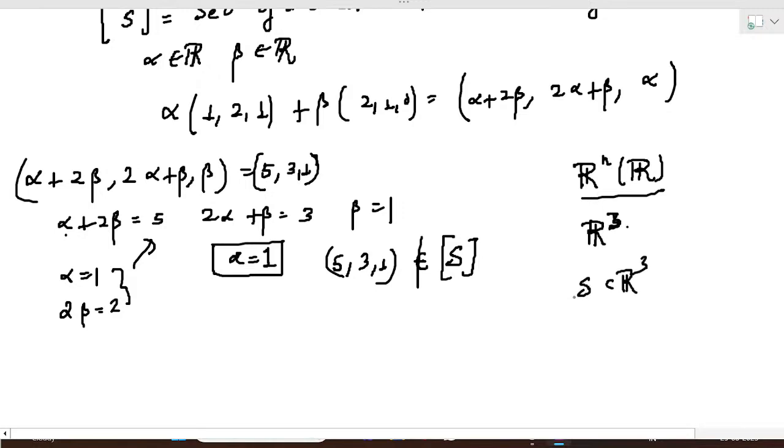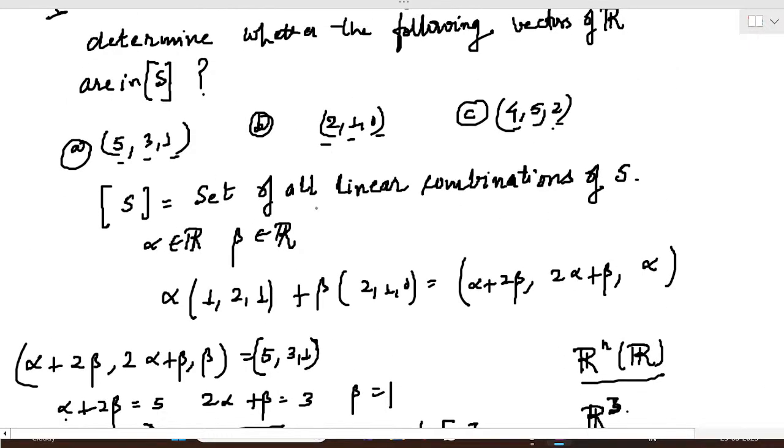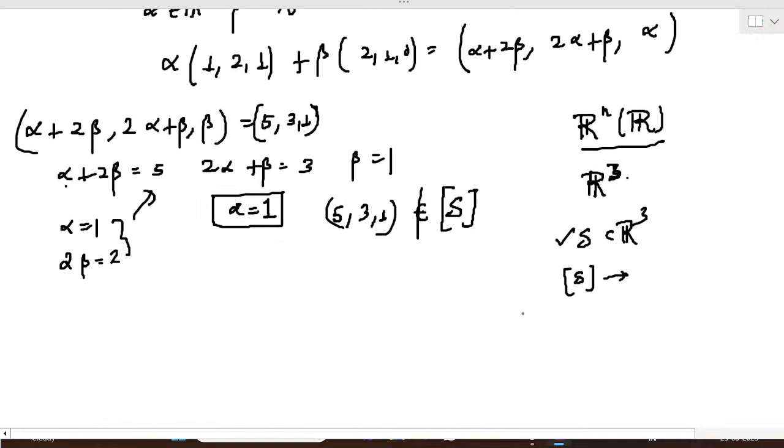The linear span of S comprises all the possible linear combinations of the elements of the set: alpha times (1, 2, 1) and beta times (2, 1, 0). If (5, 3, 1) happens to be in the linear span, then this equality should follow. And you can clearly see the equations are not simultaneously satisfied. If alpha is 1, then alpha plus 2 beta will not be 5, right?